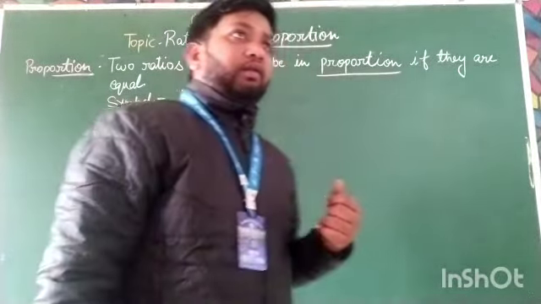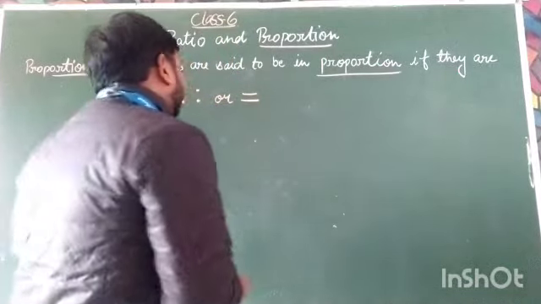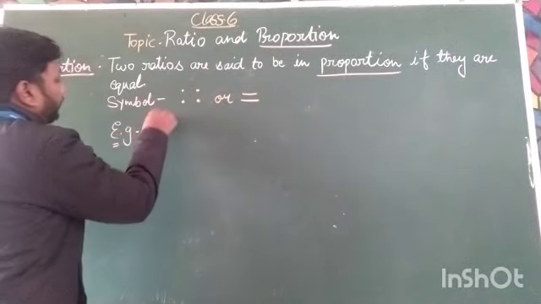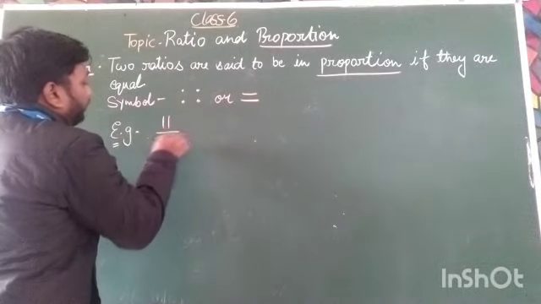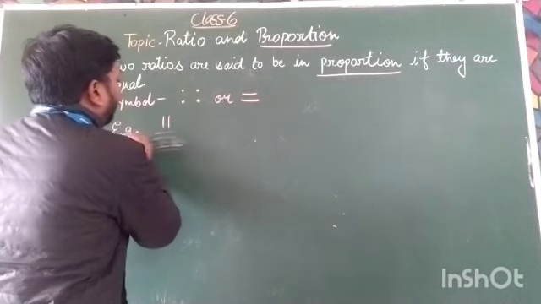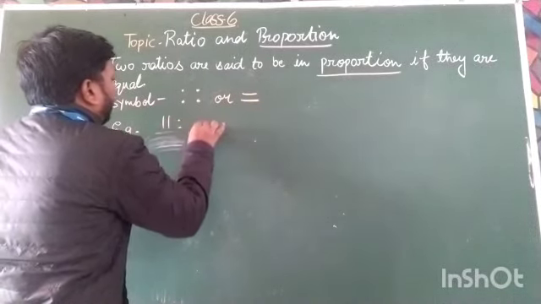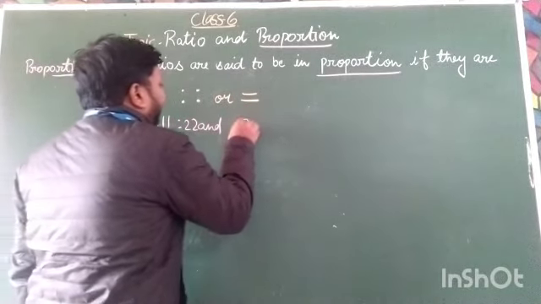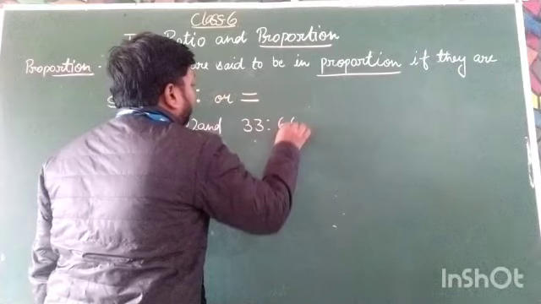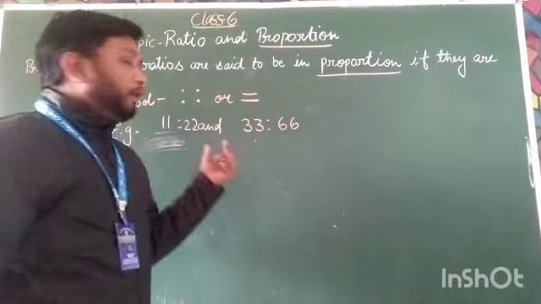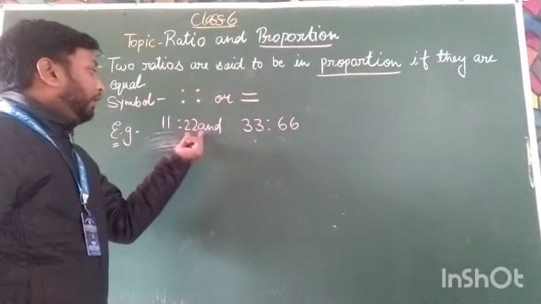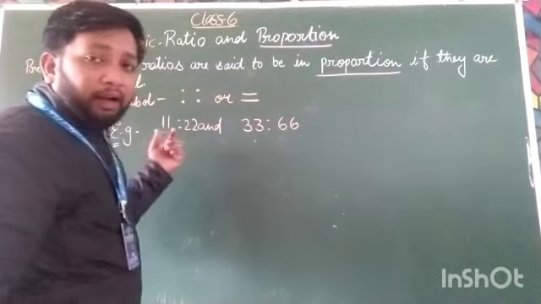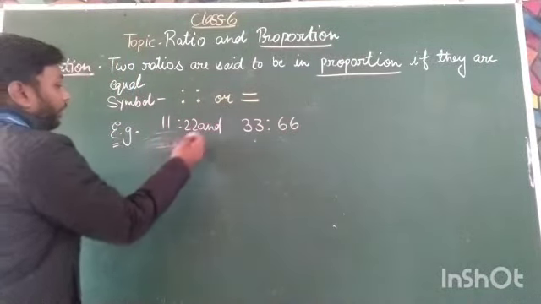Like, if we take an example, two ratios 11:22 and 33:66. If we write these ratios in simplest form, how do we write?